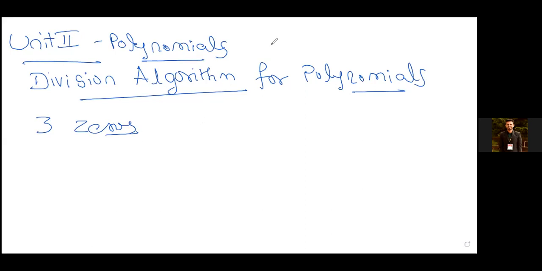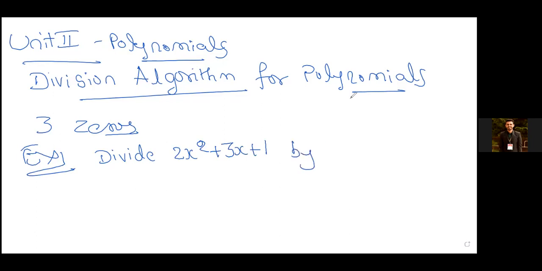For example, let me take one example, that is divide 2x square plus 3x plus 1 by x plus 2. How can we divide this? Dividing this polynomial with a linear polynomial. How to divide this?